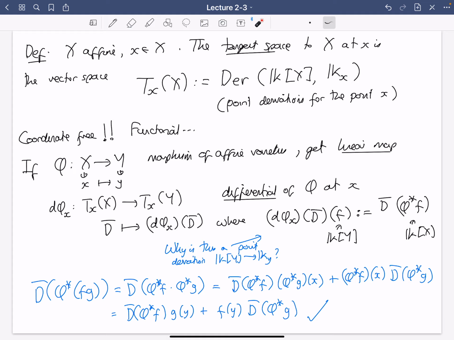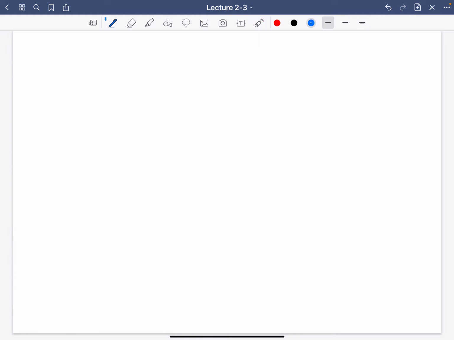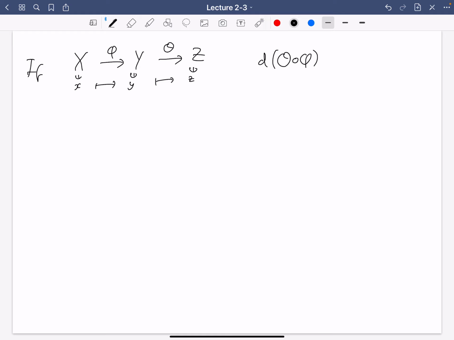We should observe that if you've got three varieties, and you've got a morphism phi and a morphism theta taking maybe X to Y to Z, we should check. Then you can do the composite, theta after phi, and you can take its differential at the point x. So that goes from the tangent space to big X at little x to the tangent space to big Z at little z.